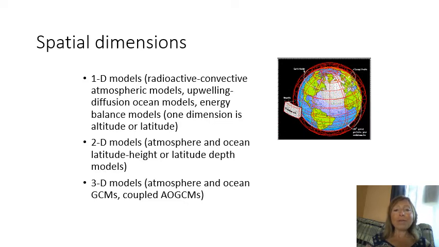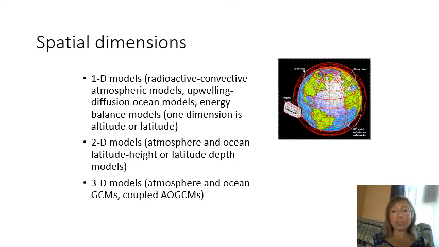All these models are focusing just on one dimension, for example, just altitude in the atmosphere, or just latitude on the surface of our planet, or just depth in the ocean. They might be exploring how the temperature is changing, or how the solar radiation is changing within this dimension, how the water is moving upward in the ocean as it gets warmer and becomes expanded, again, in connection with just one spatial dimension.